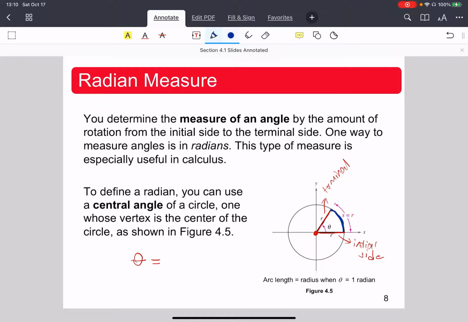This blue arc length is what we call s. We take that arc length s and divide it by the radius r, the length of the radius. This, folks, is what we call radian measure. So this is one way we can measure the size of angles.